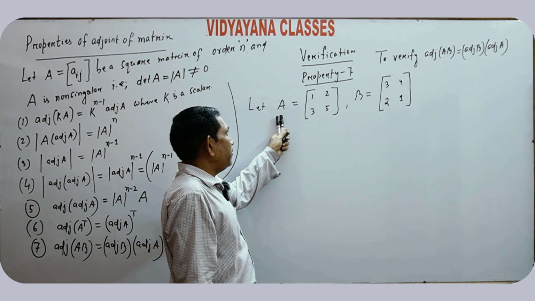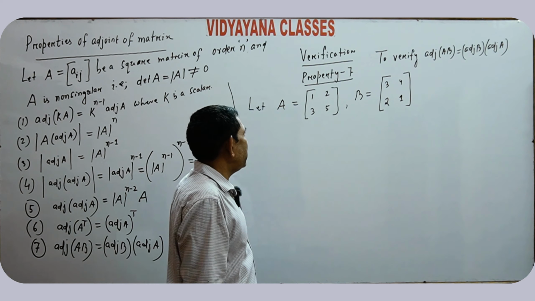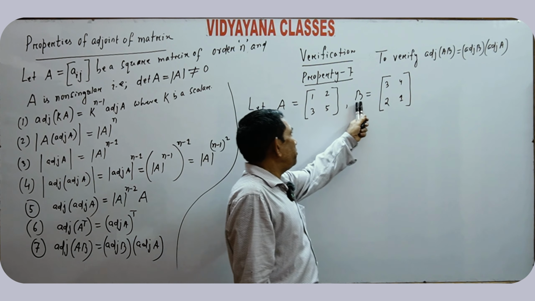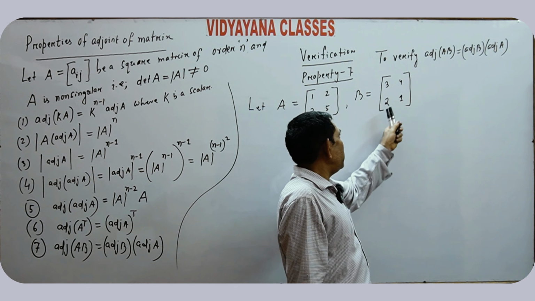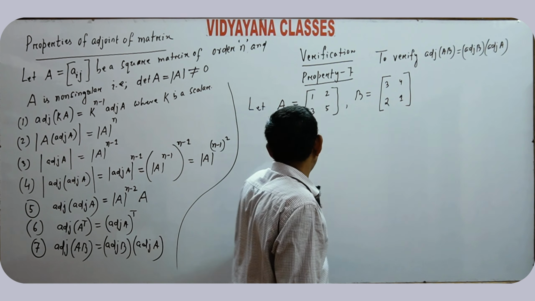Let capital A be the matrix having elements 1, 2, 3, 5, and B be the matrix having 3, 4, 2 and 1.